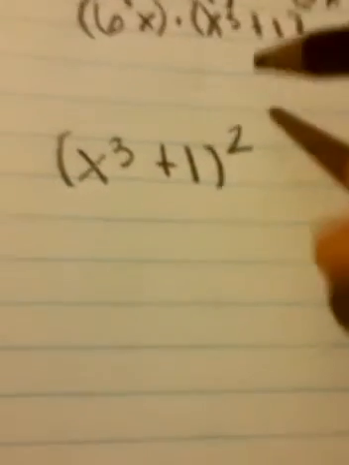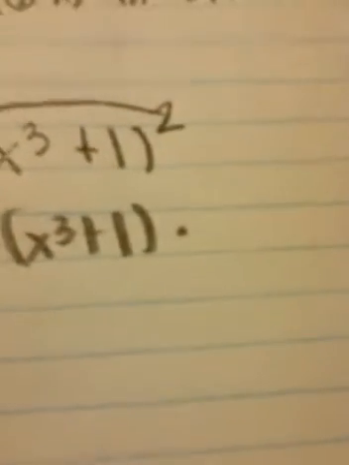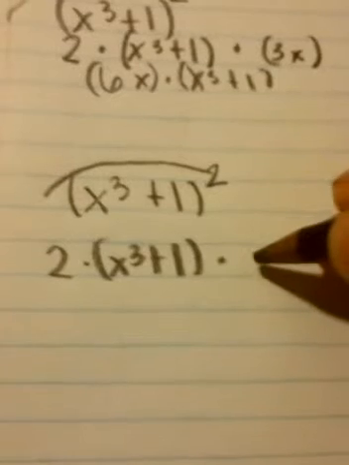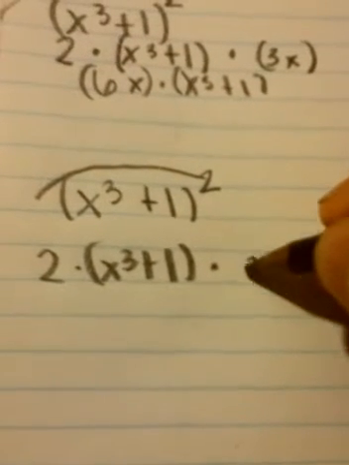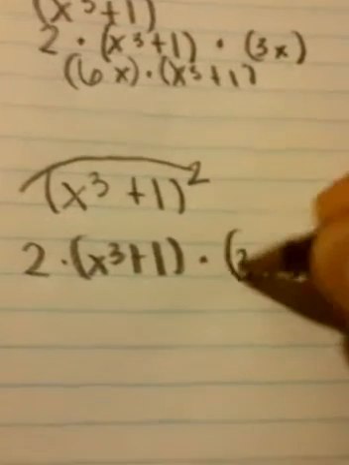My first example is x cubed plus 1 all over square root of 2. Then we're going to have to move the 2 in the front. It's going to be 2 times the original of the inside, x cubed plus 1, times the derivative of the inside, which is 3x squared.